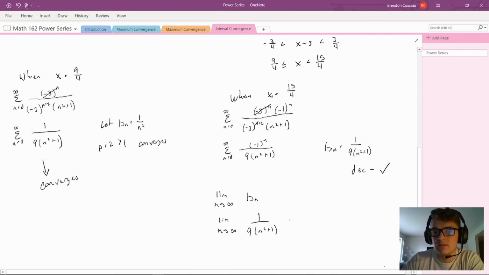So my denominator is going to go to infinity, so this is equal to 1 over infinity, which is just equal to 0. So then we have our second criteria satisfied for convergence. So then that tells us that at the upper endpoint, x is equal to 15 over 4, we are also including that on our interval of convergence, because it also converges at the endpoint.